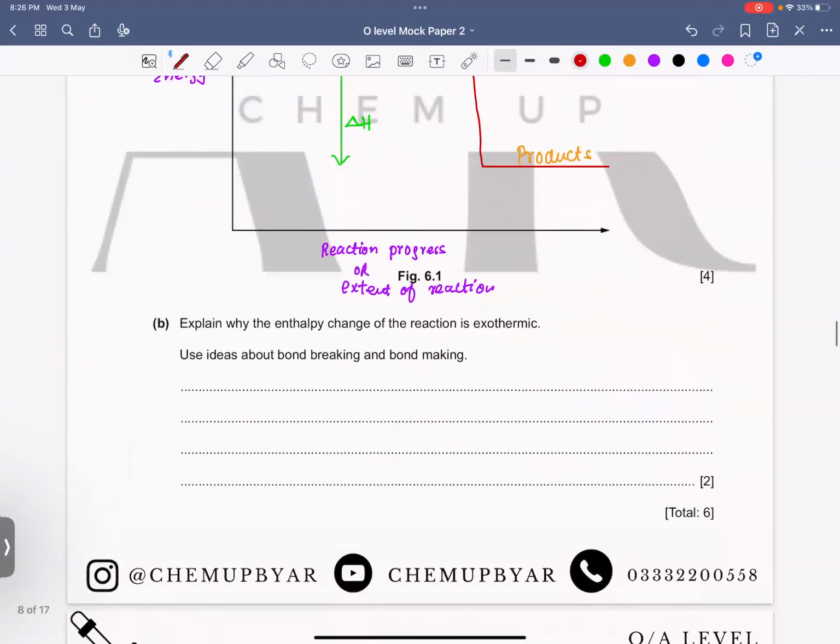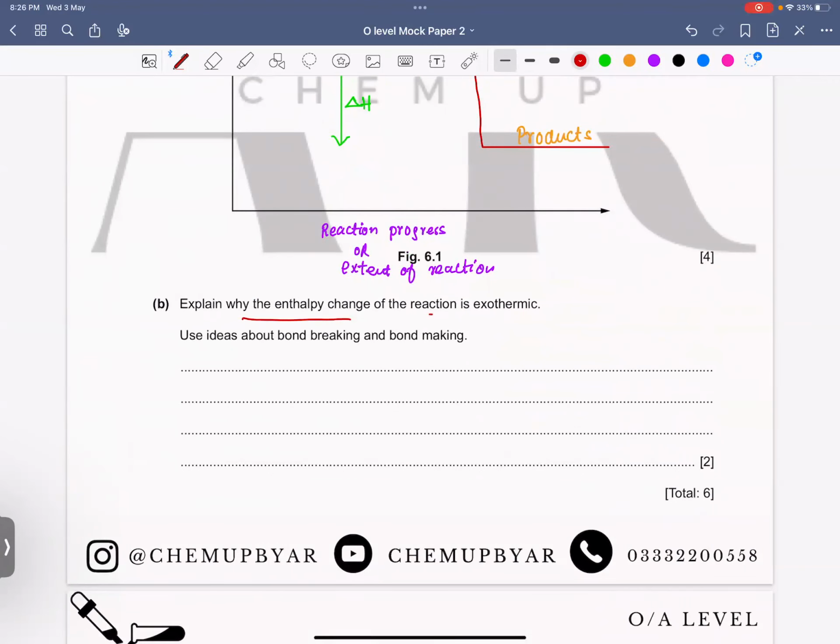Now, explain why the enthalpy change of the reaction is exothermic, using ideas about bond breaking and bond making. We have discussed these in the previous papers as well.